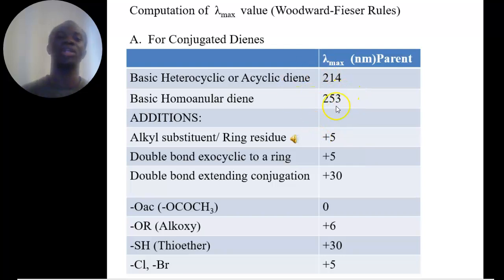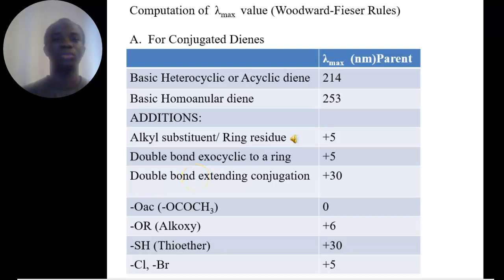So the first thing is to determine the basic lambda value, which can either be 214 or 253, depending on the kind of dienes that you have there. Now the same thing, you have to check for all of these additions. You have to check for ring residues, you have to check for double bond that is isocyclic, you have to check for double bond that extends the conjugation.